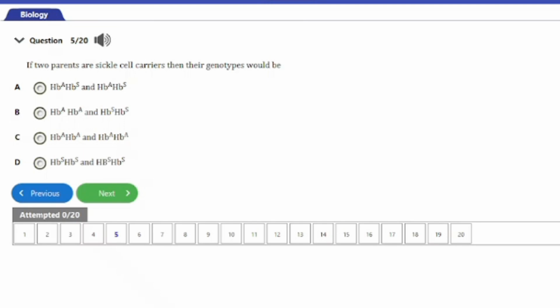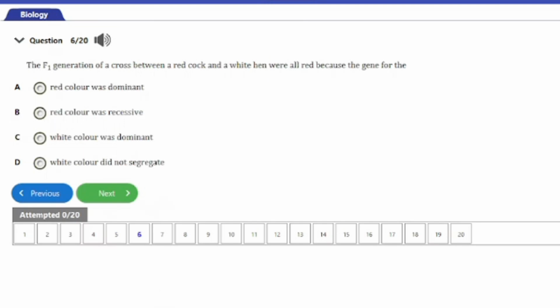D. HbS HbS and HbS HbS. So guys, the correct answer to this question is option A here, and that's HbA HbS and HbA HbS. So that's the genotype here that indicates that the two parents are actually carriers, and that's the correct answer to this question. So let's go ahead and consider the next question here.